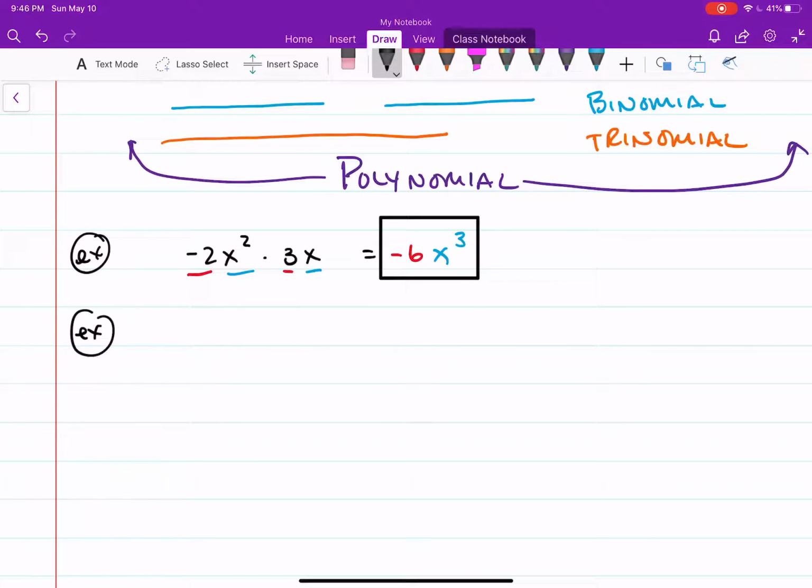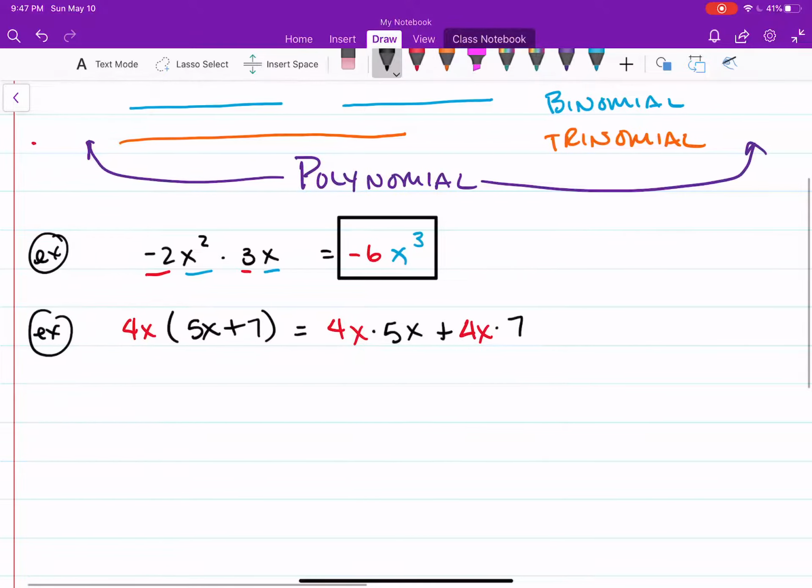Now, we could have a monomial times a binomial. So let's say I have a 4x times a 5x plus 7. We can think of this as 4x times 5x, and this is called distributing, plus 4x times 7.